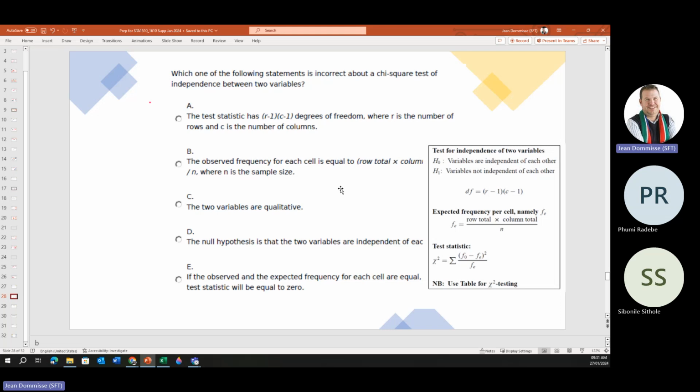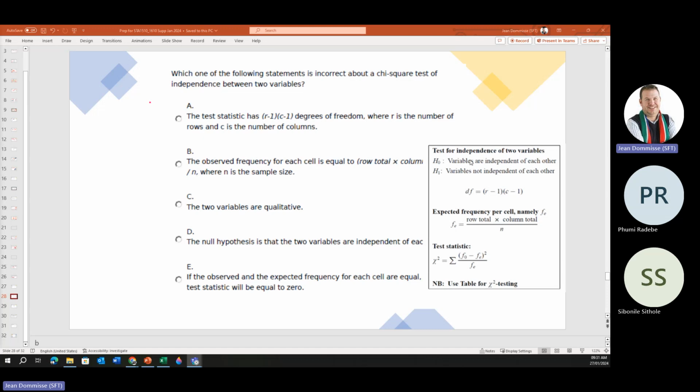What I've also added here for the chi-square is from the study guide, and this is nearly what they can ask you in the question.